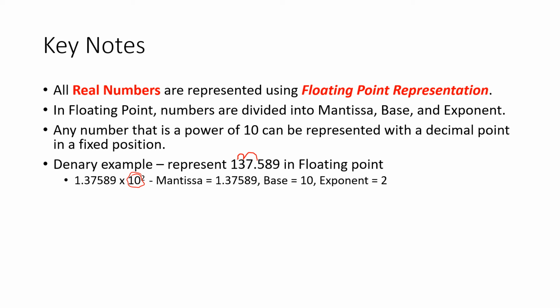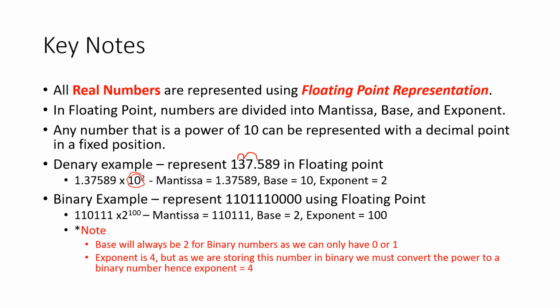The other option that you might get is also the binary examples. So we'll have a wee look at one of those. A binary example question could be represent 110110000 using floating point. Again, what we want to do is move our decimal point to the stage where we have no zeros essentially included.